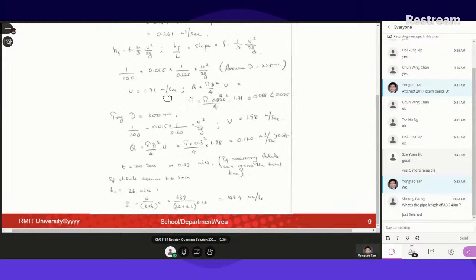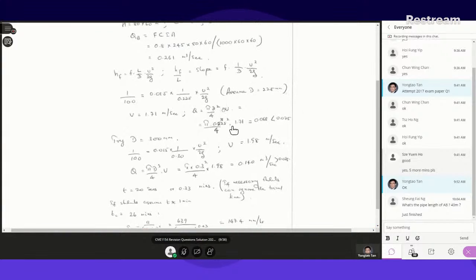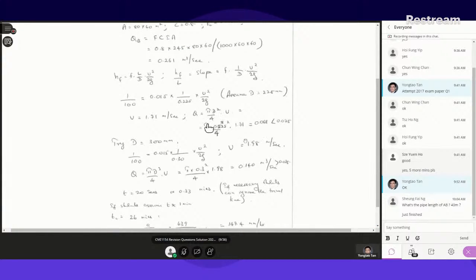Okay, 1.71. But you need to check in this question whether the capacity of the pipe is suitable. I mean, whether this pipe size can be used for the flow into pit A, in the pipe AB.